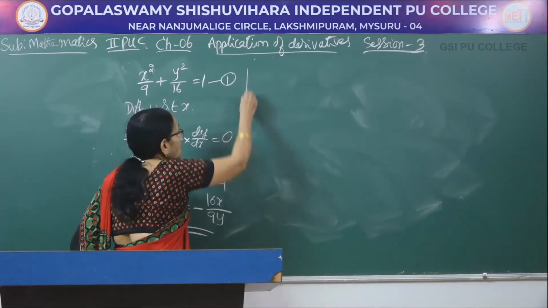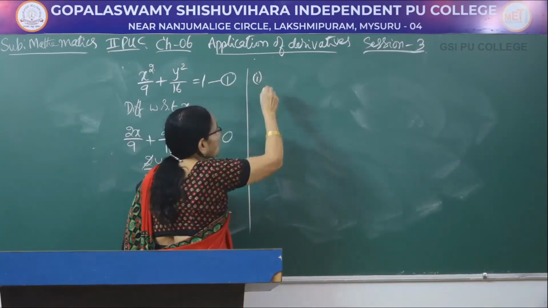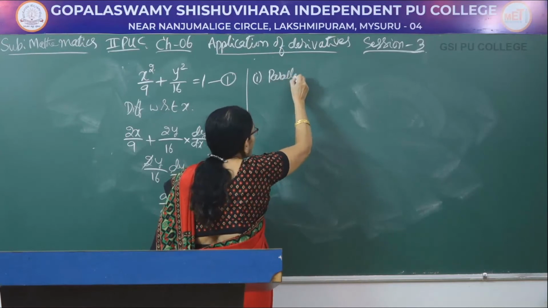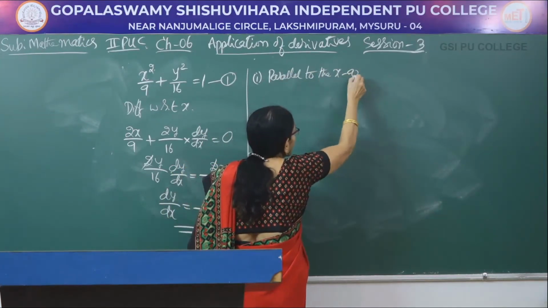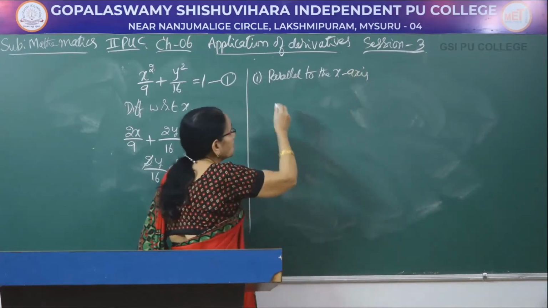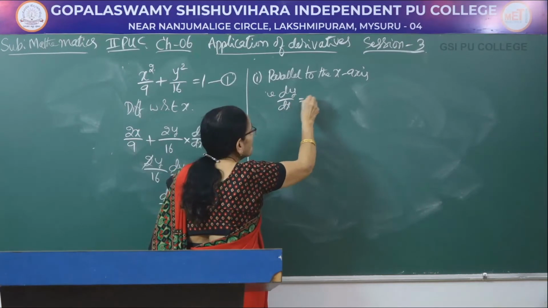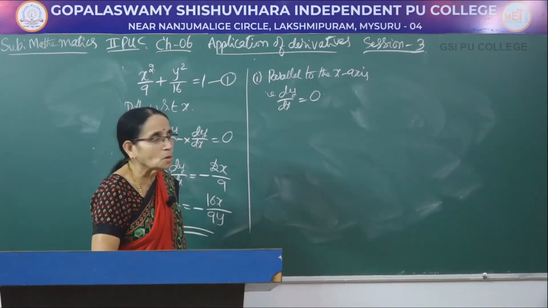Now, we will consider the conditions one by one. What was the first condition given? The tangents are parallel to the x-axis. What's the condition? That is, dy by dx is equal to 0.